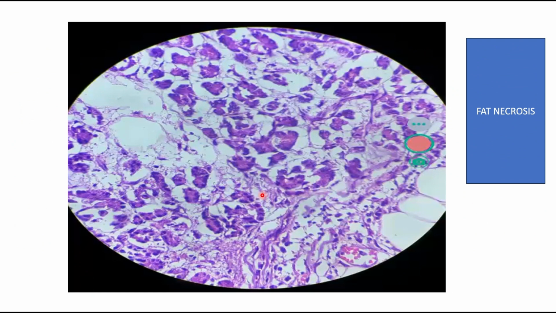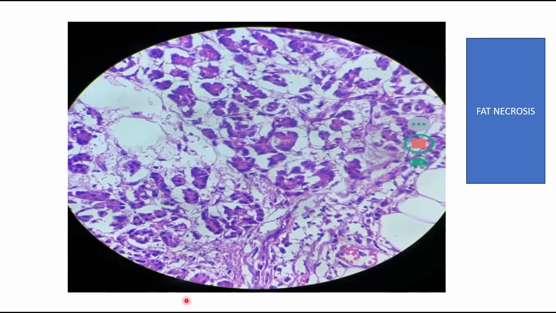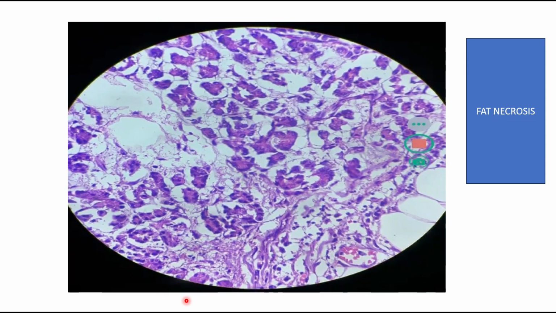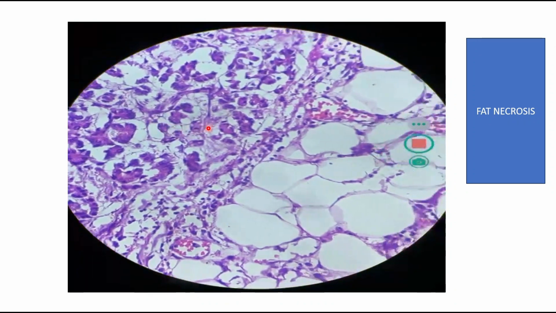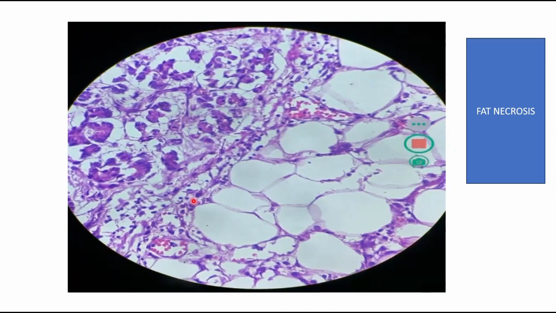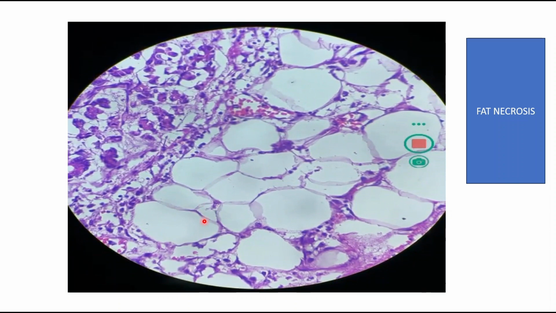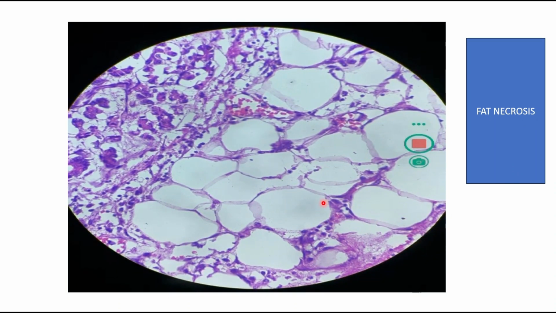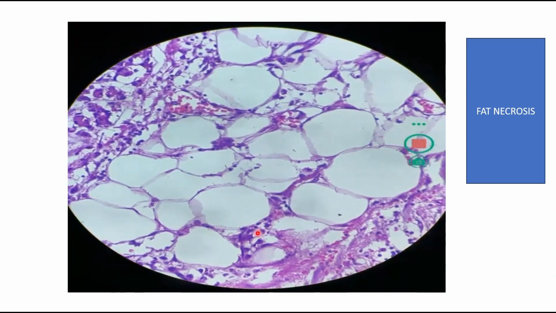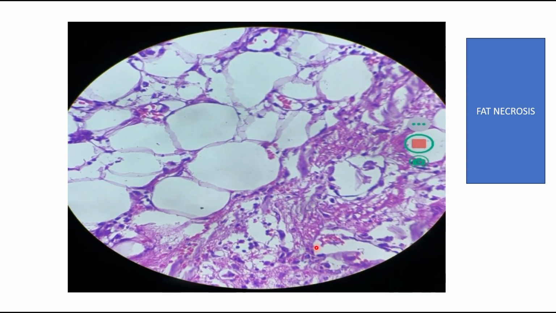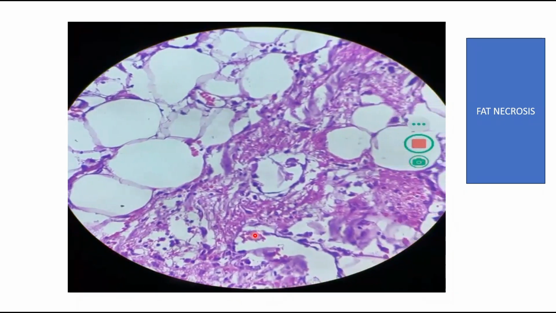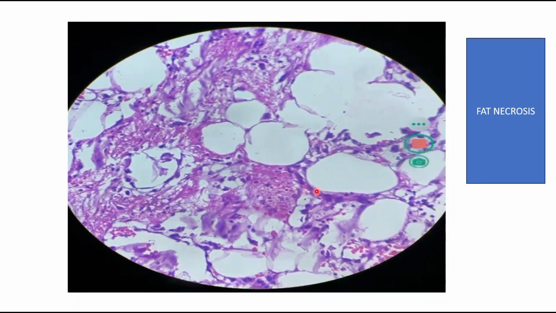This is the slide of fat necrosis. Now, here in this section, these are acini which are viable in nature. Here, this portion shows fat, and in between this fat, there is inflammatory cell infiltrate and congested vessels.